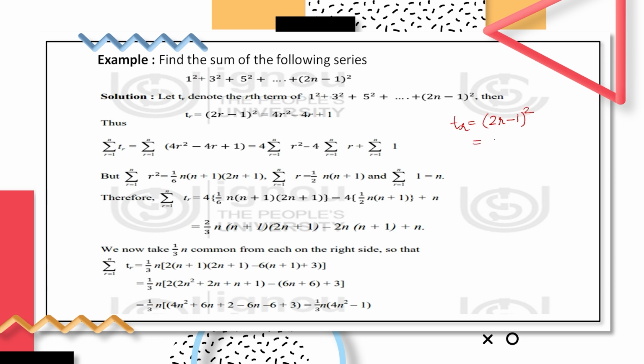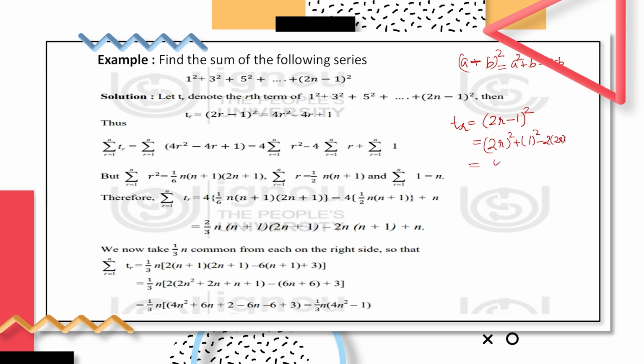We are applying the formula a plus b or a minus b whole square. A minus b whole square is equal to a square plus b square minus 2ab. Applying the same formula, that is 2r square plus 1 square minus 2 into 2r into 1.